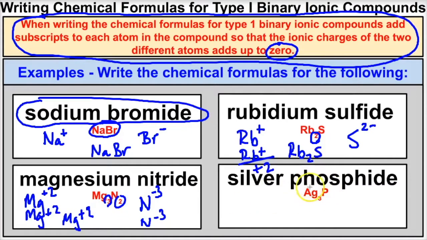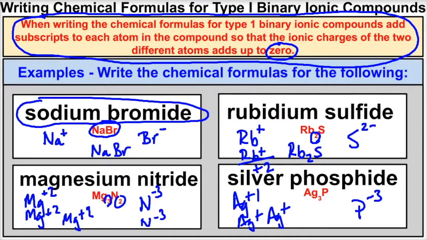And that's why we get silver phosphide being Ag3P here, because for silver you're going to have 3 of these, all containing a +1 charge, and you're going to have phosphide, which is a -3. The +3 and the -3 end up adding up to 0, and so we have Ag3P here.